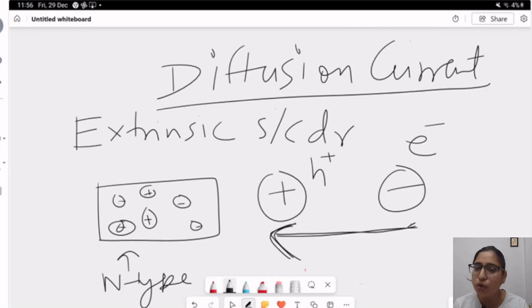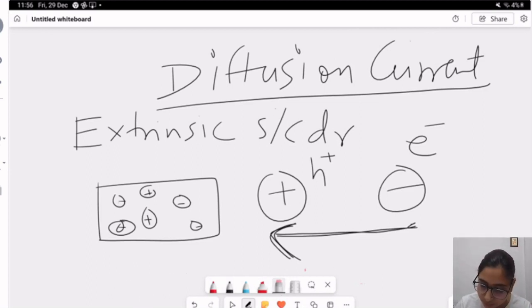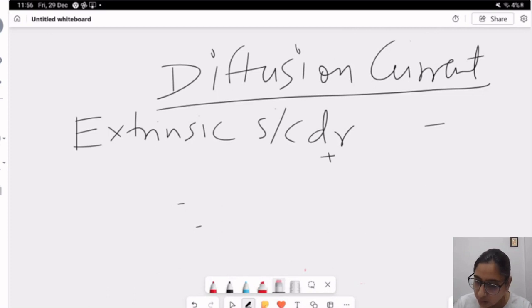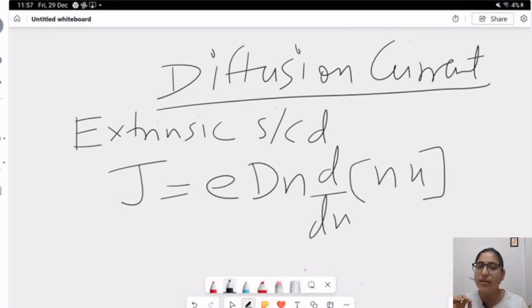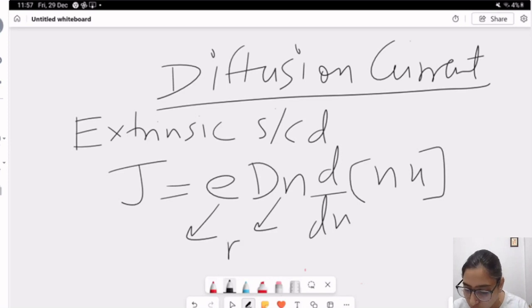Now due to this diffusion, some current in the semiconductor is produced. So now we will discuss what is the current here. J is our diffusion current. Diffusion current is nothing but e D_n d by dx of n(x). Let's understand this. e is the charge of electron and D_n is our diffusion coefficient.